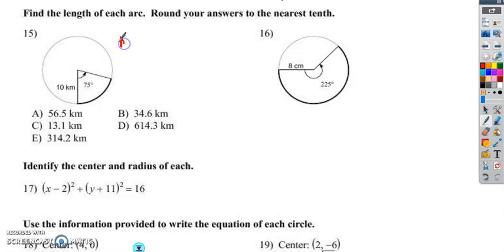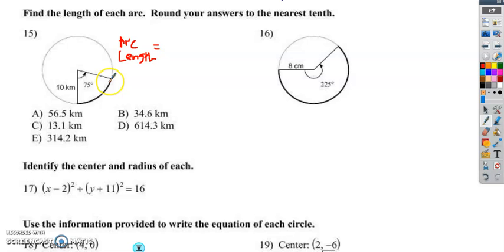Essentially, arc length is us wanting to find a percentage of the distance around the circle. All right, so now we've kind of switched into a distance idea as opposed to a measure. So we know that the entire measure around the circle is 360.